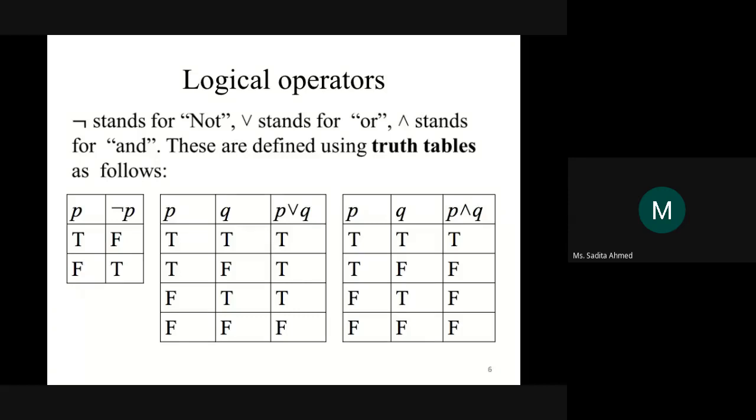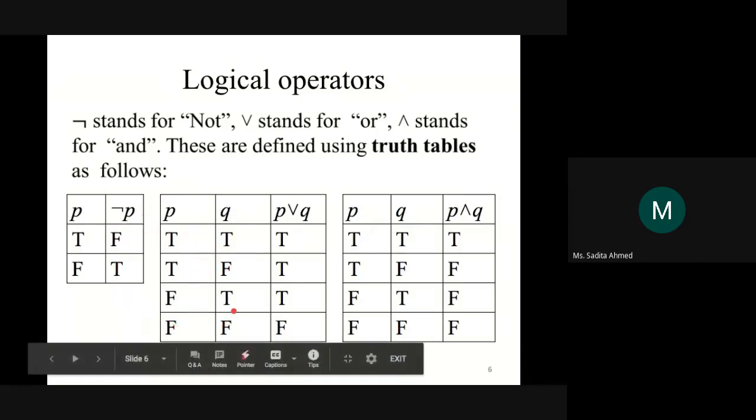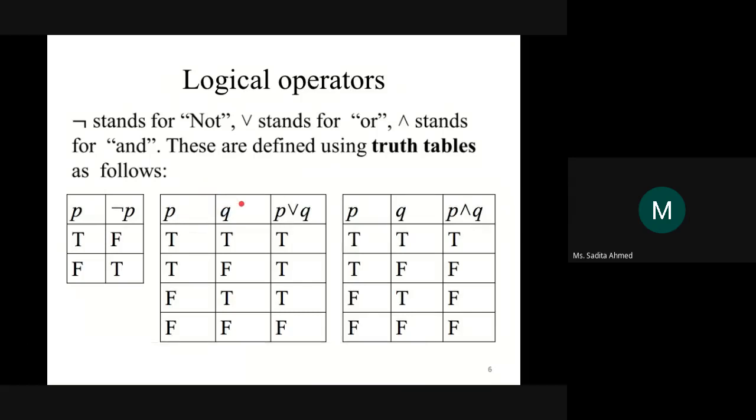And then the number of possible combinations of truth values in the truth table will come from the number of propositional variables. In this truth table, we have two propositional variables. That's why we have 2 to the power of 2, all right? 2 squared is 4, so 4 possible combinations.